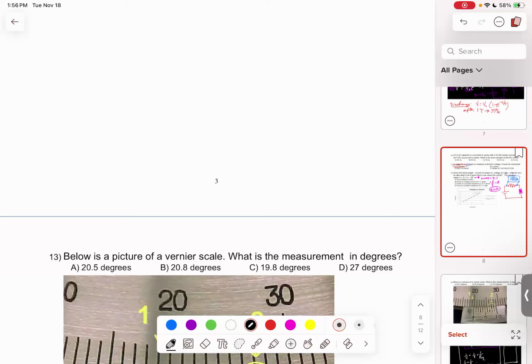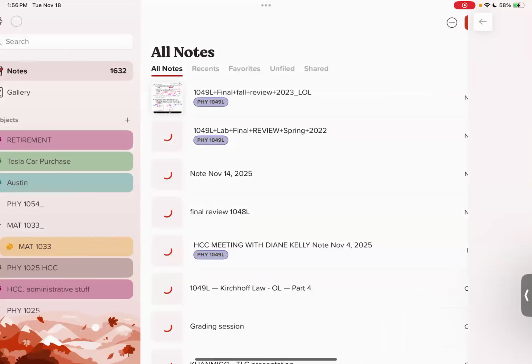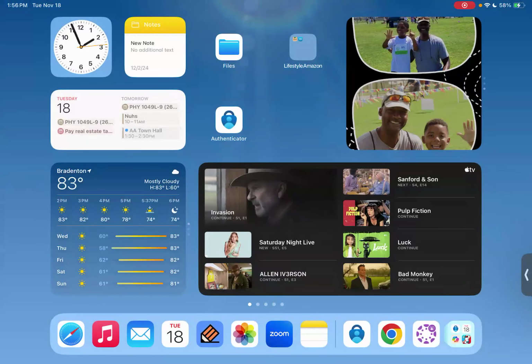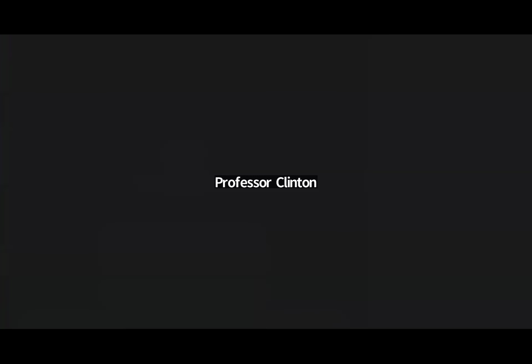Okay. Let me just go back to the other document. Yeah, it's giving me some issues in here. Let me, I downloaded it, but let's see.